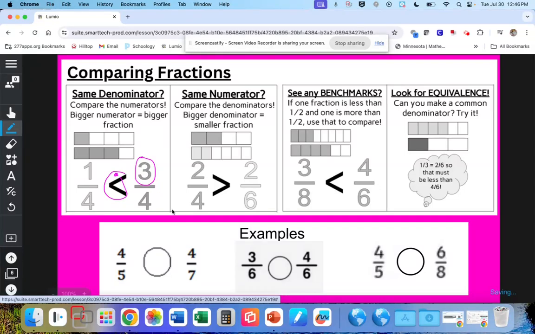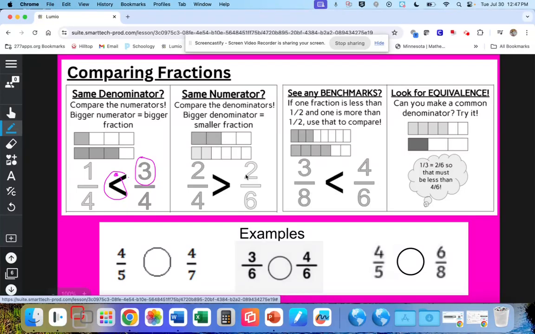And Pac-Man likes to eat the bigger numbers. If you've ever used Dreambox, you'll hear it as Ellie the alligator likes her scrumptious numbers. So we know that this symbol right here would be called less than. 1/4 is less than 3/4.